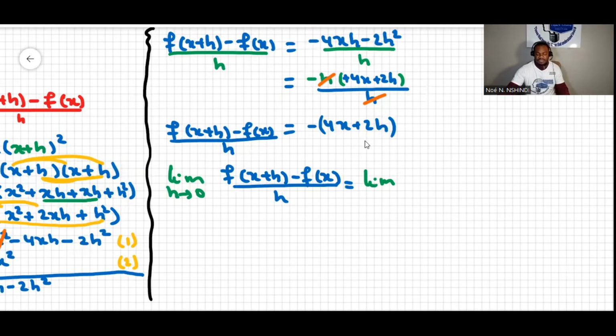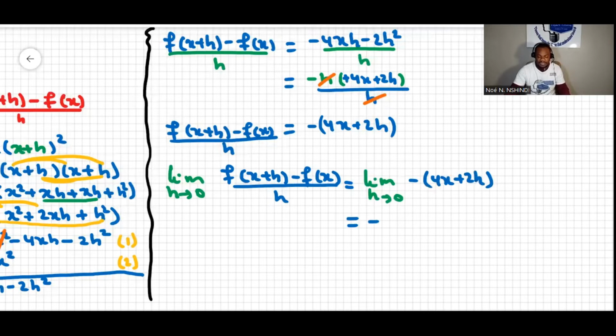So that makes negative limit of negative 4x plus 2h. Now, when we say h approaches 0, it means we can substitute the value of h by 0 there, and when we do so, we don't write the limits anymore.